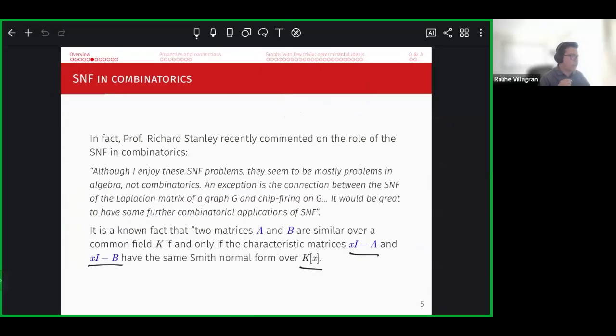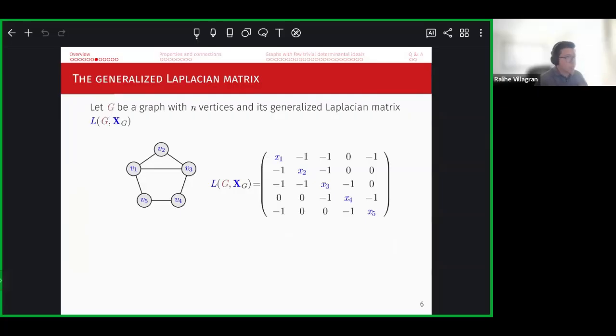So, okay, I talked about spectral graph theory, Smith normal form, sandpile group, but what is a determinantal ideal? Instead of defining determinantal ideals for any given matrix, let me go directly with this particular matrix. Let's think about the generalized Laplacian matrix.